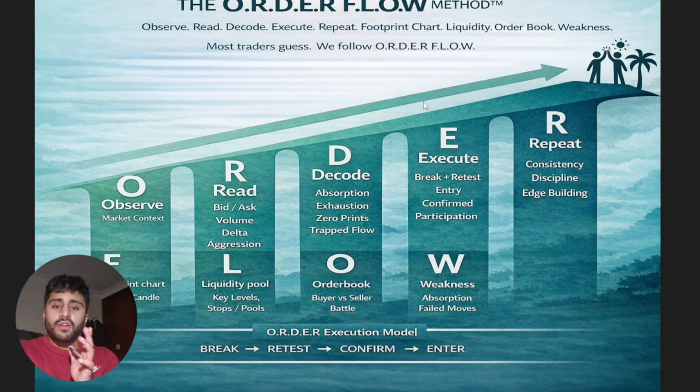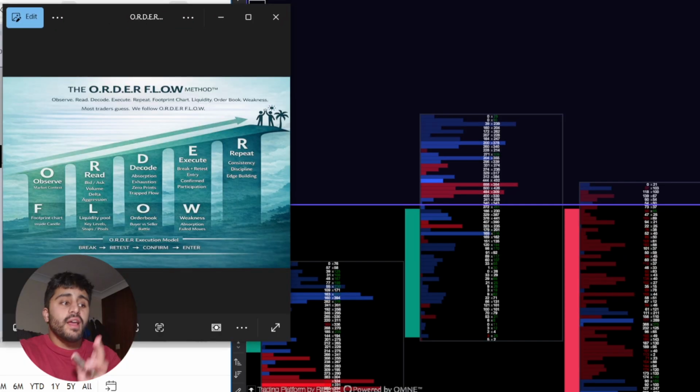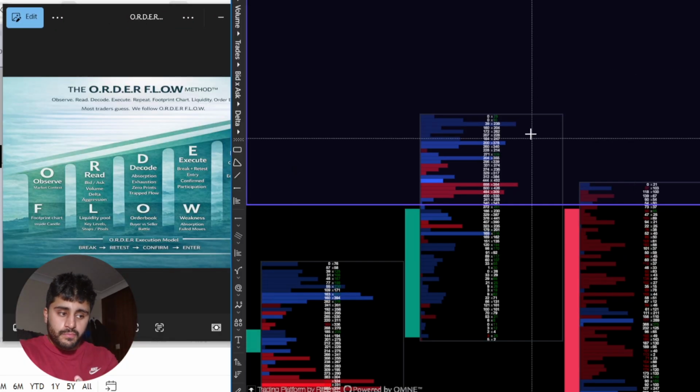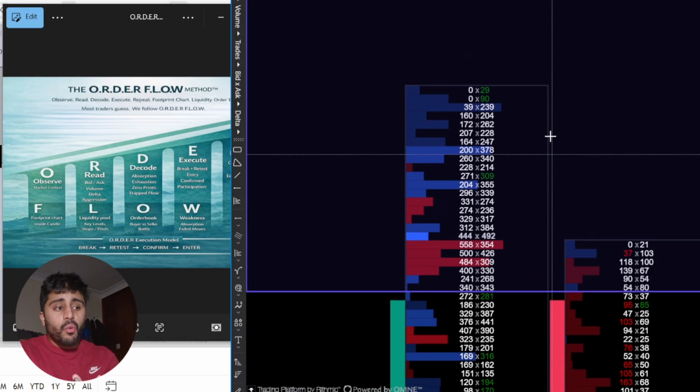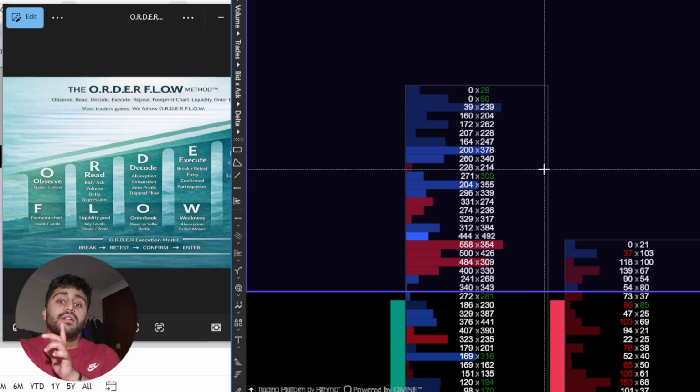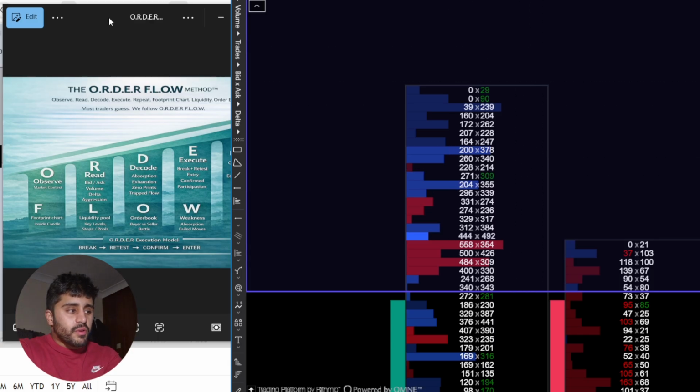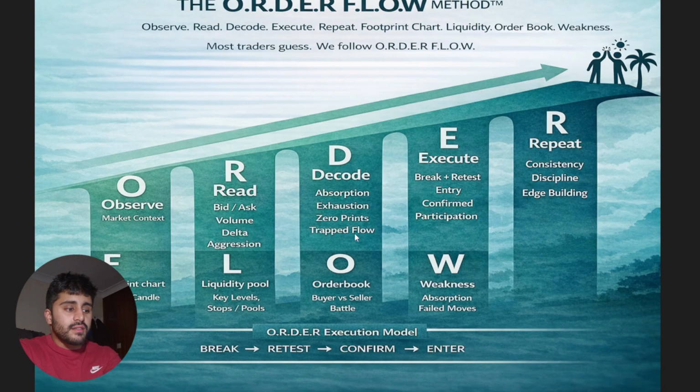This is how the market creates a ceiling, and this is how resistance is formed. This is how supply is formed, right? So supply is formed when there's an exhaustion of buyers, aggressive buyers. And more importantly, we have zero prints. So I've mentioned here the zero prints and the trapped flow. So trapped and absorption kind of mean the same thing.